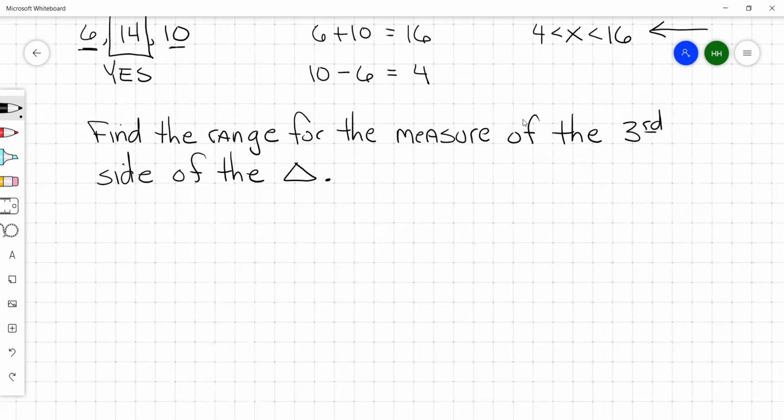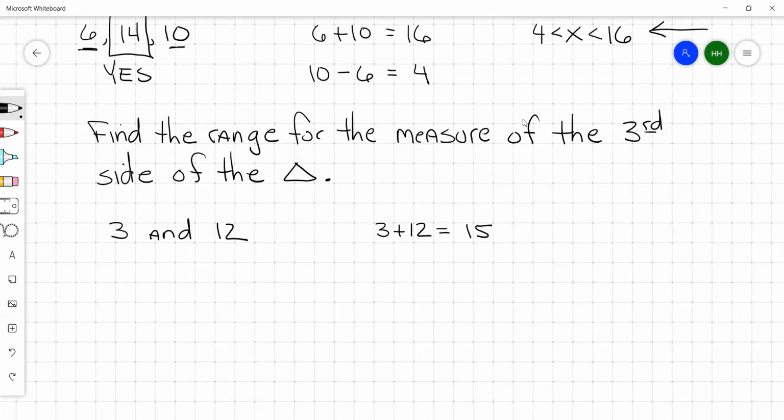All right, so let's say that you're given 3 and 12. Find the range for the measure of the third side of the triangle. They're telling you that 2 of the sides are 3 and 12. So you take 3 plus 12. That's equal to 15.